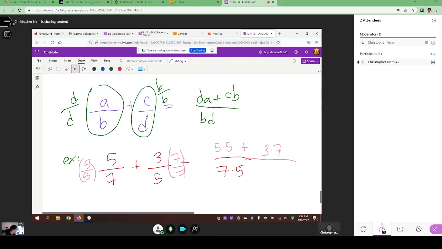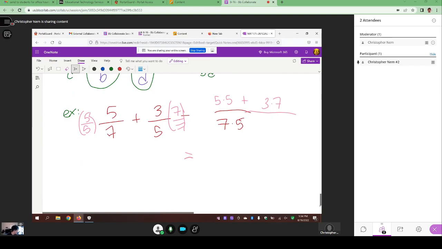All under this. And if I simplify that out, that gets, what is that? I get 25 plus 21 over 35. And that'll give me, there's a 1 by the way, that'll give me 46 over 35.